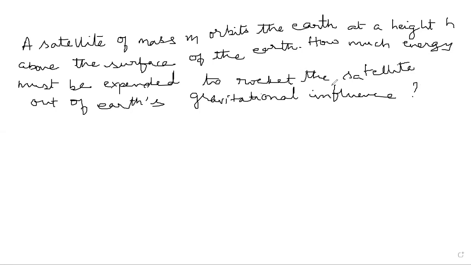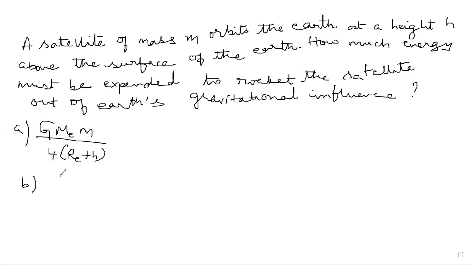Now, the total energy of the orbiting satellite. They have given the options. First, we'll break down the options. Option A: GMEM divided by 4 times (RE plus H).